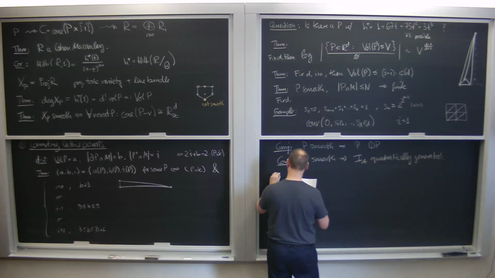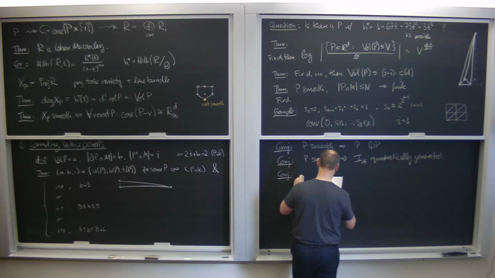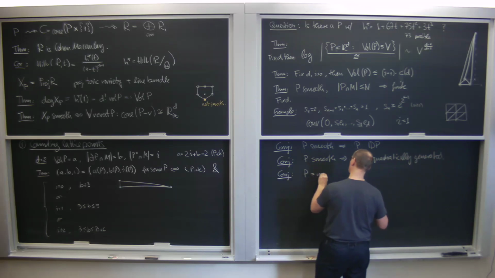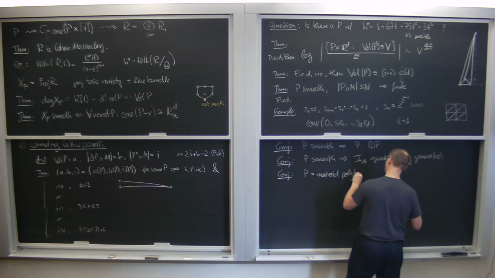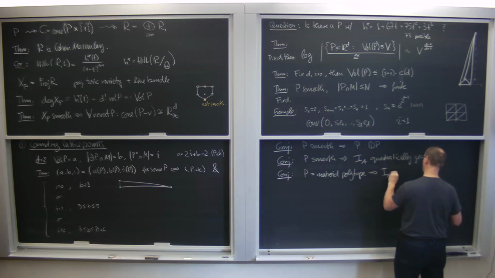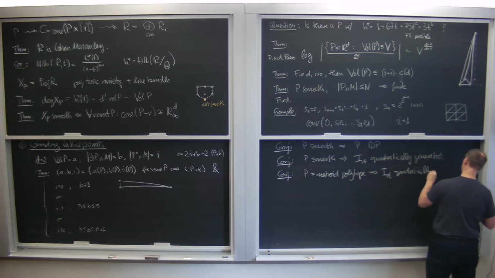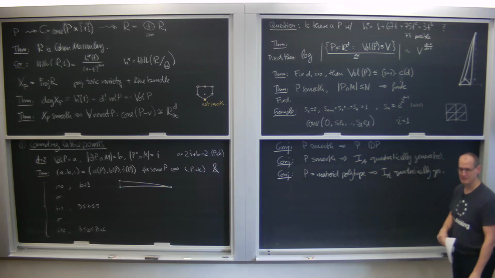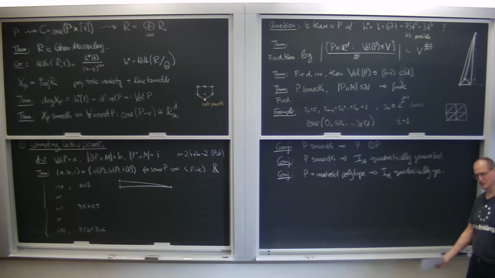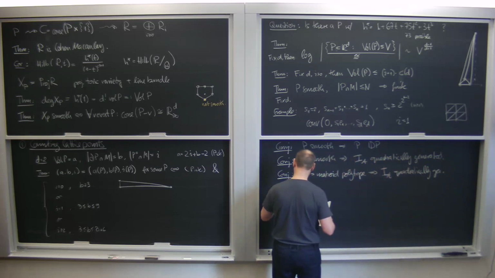If P is smooth, then the ideal is quadratically generated. If P is a matroid polytope, I didn't tell you what it is, but I couldn't tell you Thursday, then this is what I.